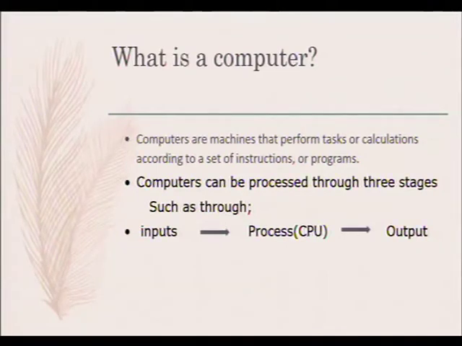For us to understand a computer, we have to look at processes like input, then we go to the part of processing, and then we go to the output. So with a computer, we have things like hardware and softwares.